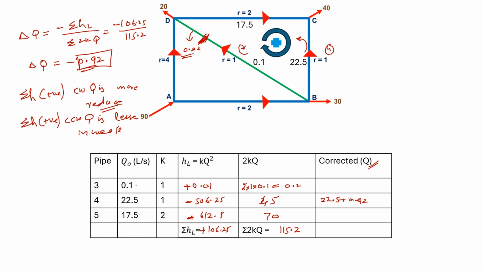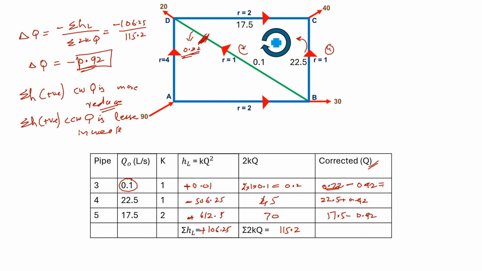Just do not take this 0.1 for correction, take 0.22 for correction because it is already corrected in loop 1. 0.22 minus 0.92, because this has a positive sign, it means that this is clockwise discharge. 0.1 is clockwise discharge, and correction will be applied to 0.22 minus 0.92 and 17.5 minus 0.92.